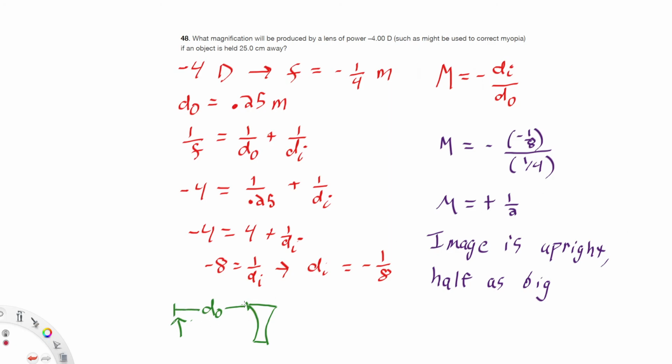Because this is a diverging lens and the focal length is negative, right? The focal length is actually going to be on this side. Notice the focal length is a fourth, and so is the object distance. So this object that we are viewing is actually on the focal point of our lens.